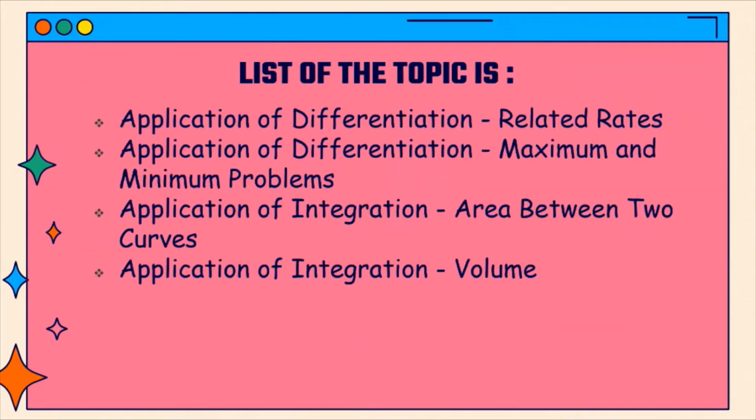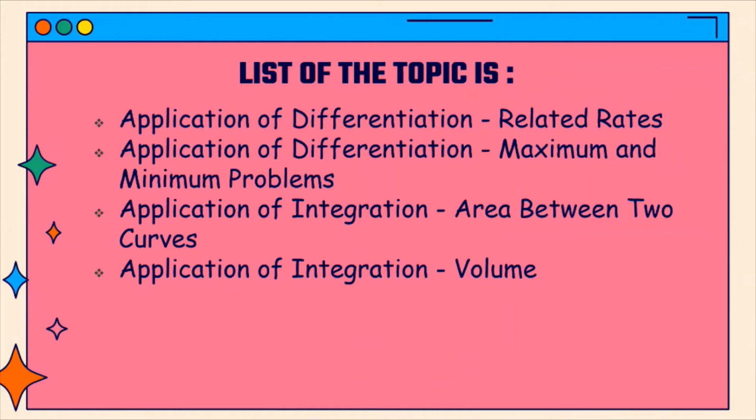Before we start, there are 4 topics given. The topics are application of differentiation related rates, application of differentiation maximum and minimum problem, application of integration area between two curves, and application of integration volume.